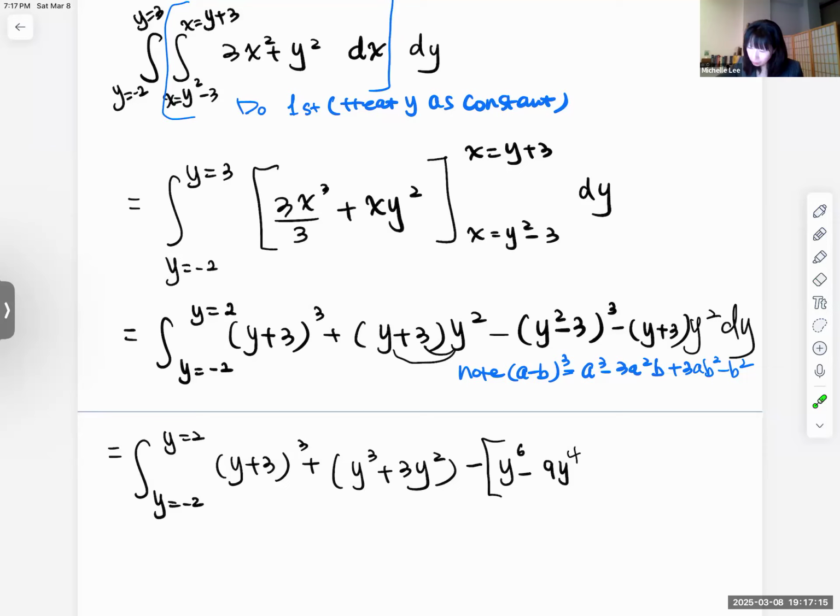So what about the third term? 3 times a times b squared, so 3 squared is 27y squared. And then the last one is minus b to the third power, right?